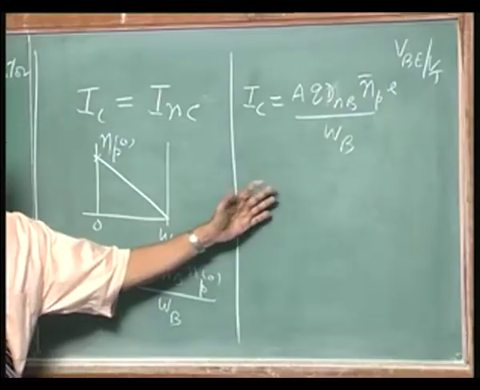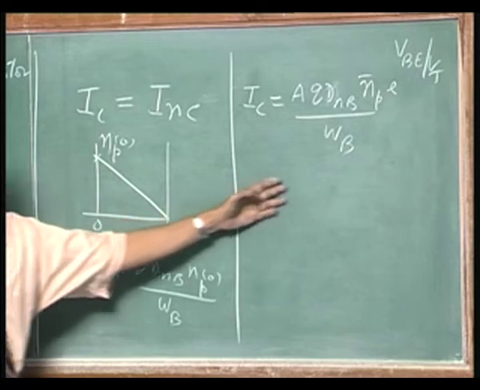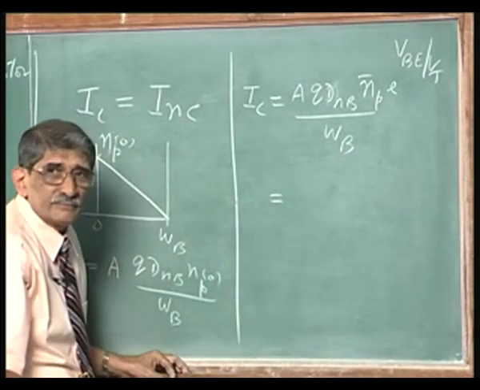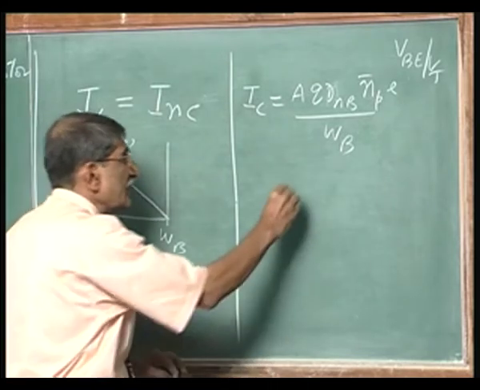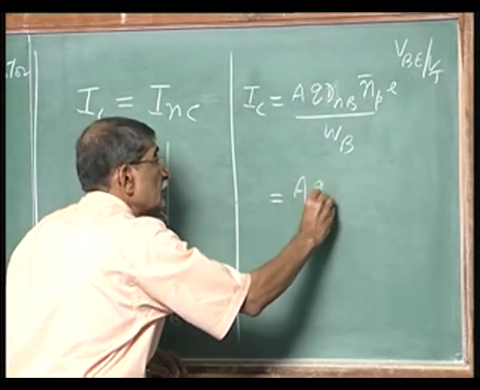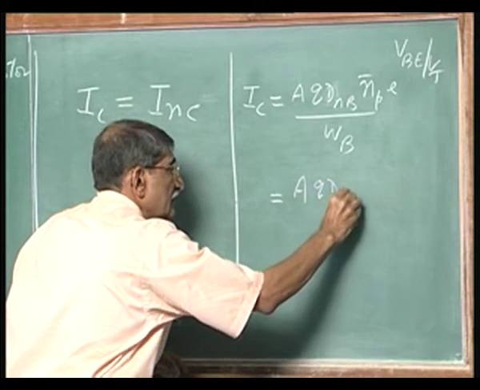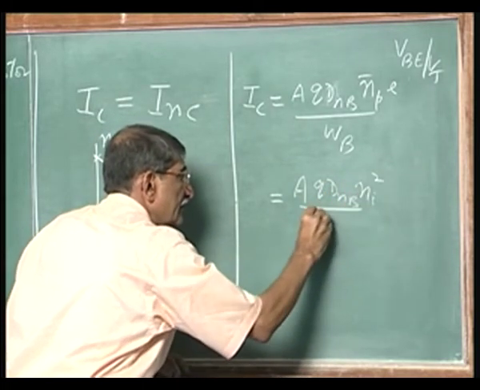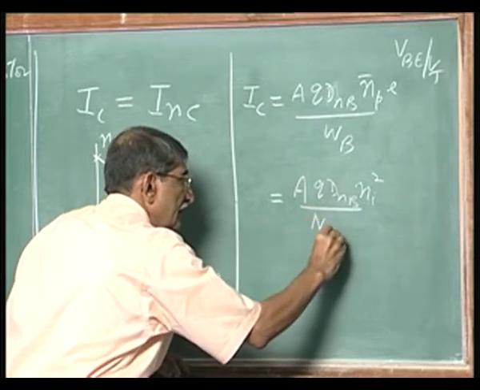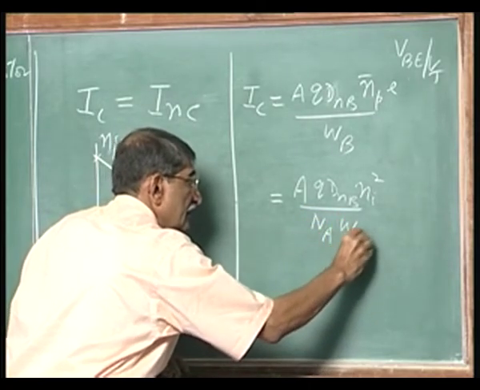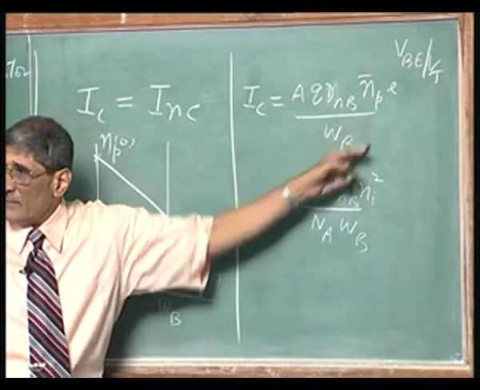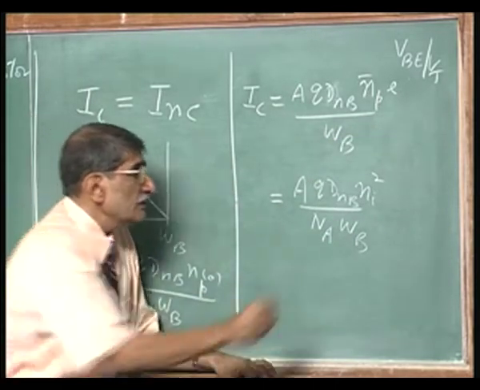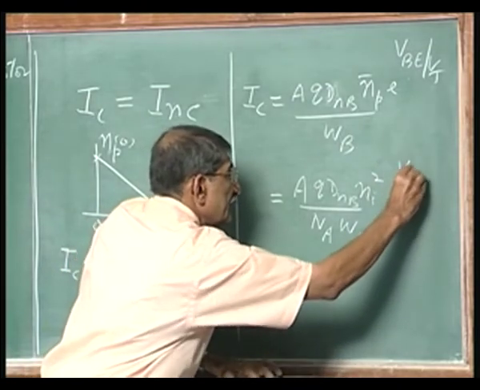That is the value. Now this is a standard equation, I am rewriting it: emitter area Q DNB into NI squared divided by NA in the base region. NP bar is NI squared divided by NA, the thermal equilibrium value, into e to the power of VB by VT.